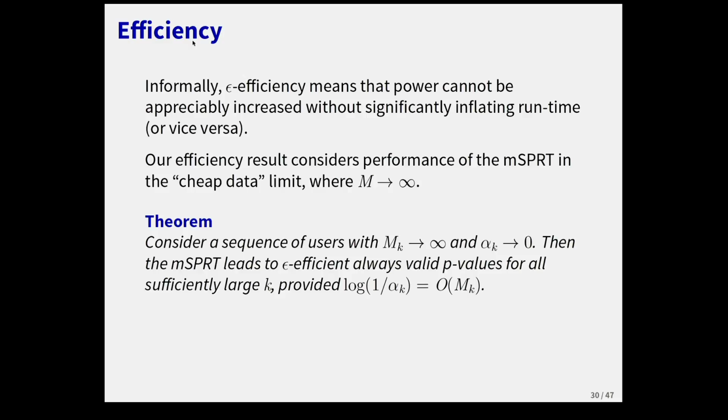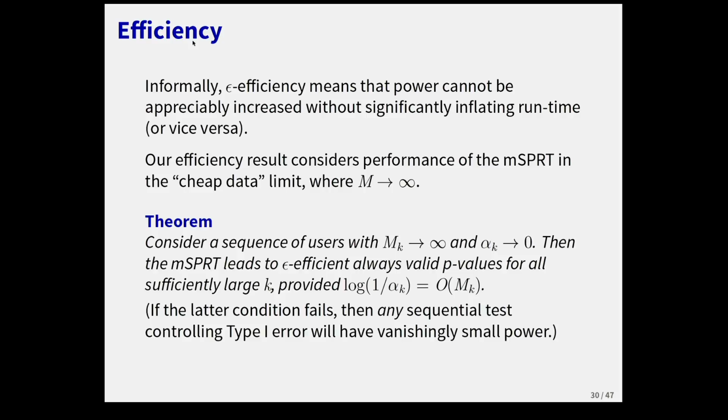The mSPRT leads to epsilon efficient, always valid p-values for sufficiently large k, provided that this bound holds. And what this is saying is that the user should not be too conservative. So if alpha k is too small relative to their failure time, then no test can offer any appreciable detection. And so this is the right scaling. This essentially says that this divided by mk has to be bounded.